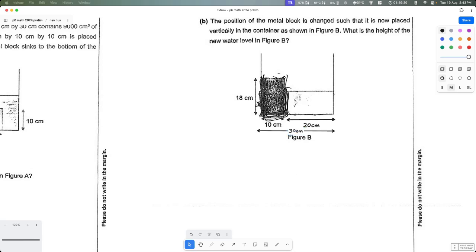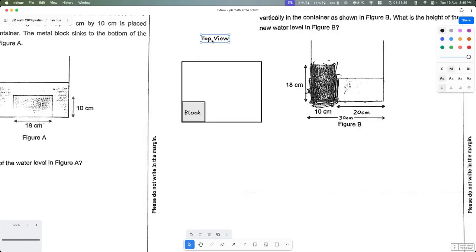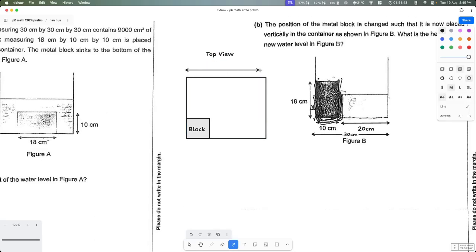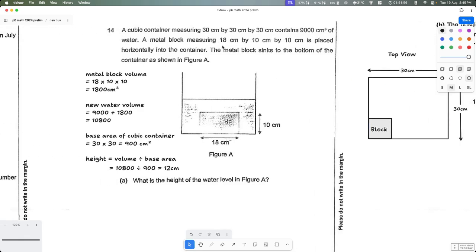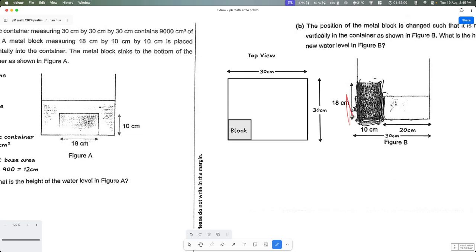To give you a better idea of how it looks like, we have this cubic container that is 30 centimeters, and this is also 30 centimeters as well, right? The block over here, since it's flipped, we know that the block is 18 by 10 by 10. So 18 is the new height, 10 is the new base area in this case.